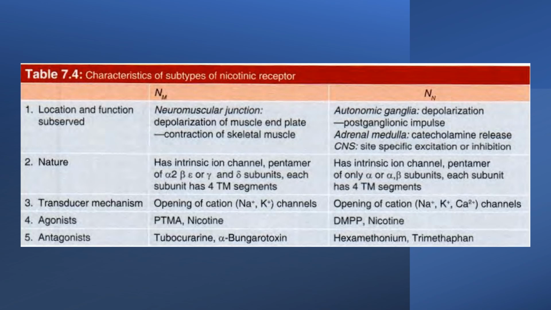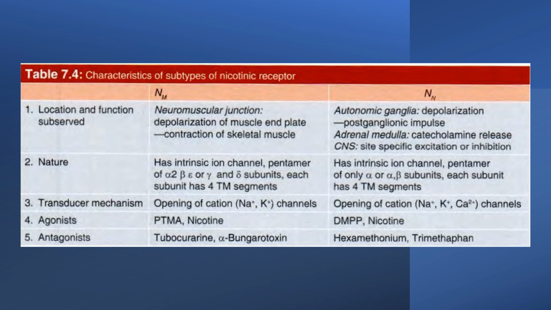Now coming to the transducer mechanism of the NM, it causes the opening of cation channels, sodium and potassium channels, and in case of NN, it causes the opening of sodium, potassium, and calcium channels.